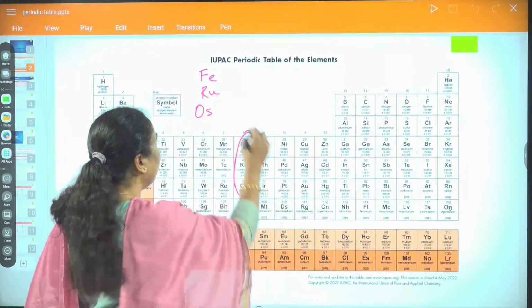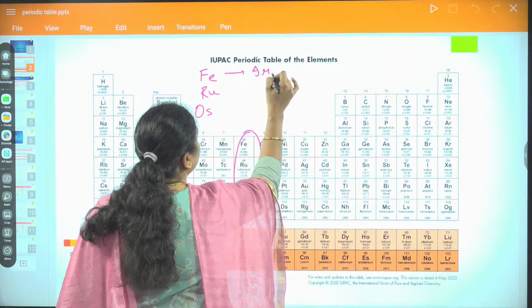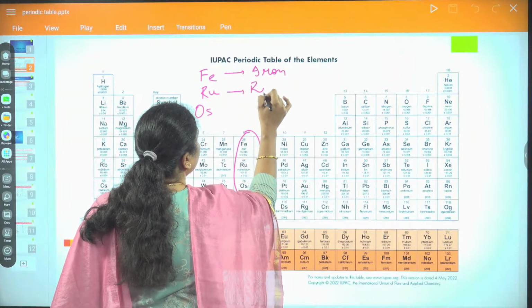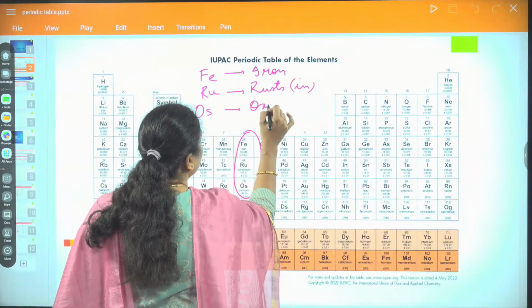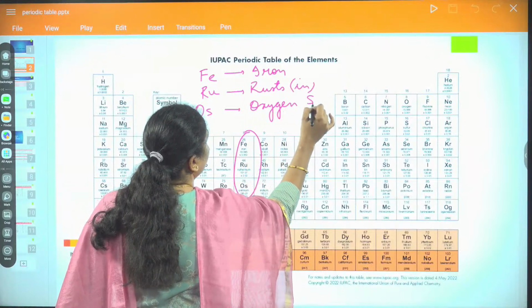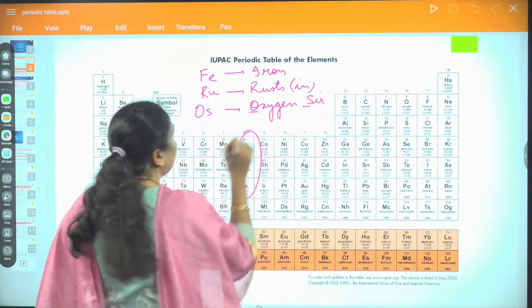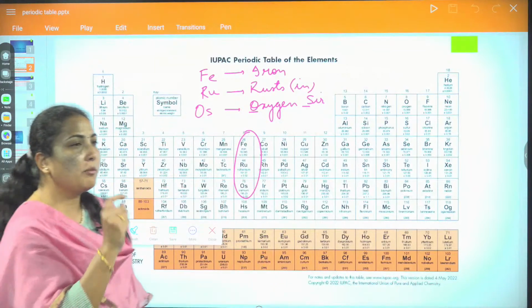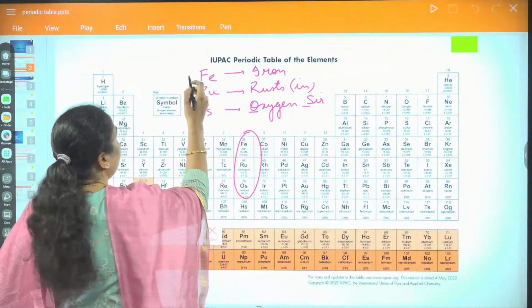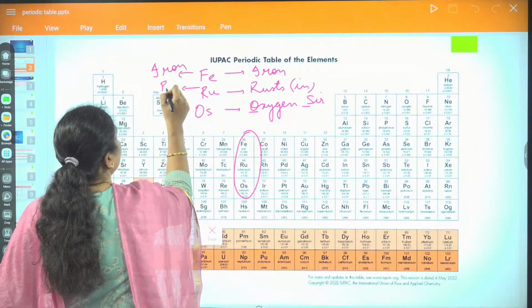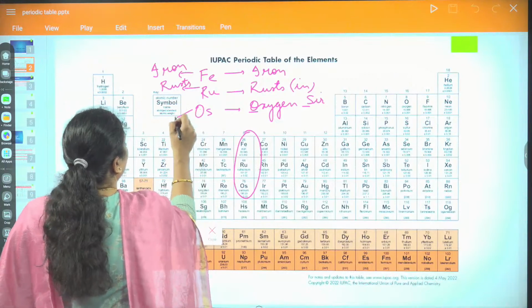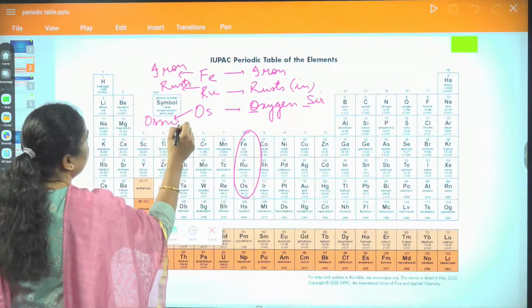So you are telling like that: "Iron rust in oxygen, sir." Okay. So Os, osmium. Remember that. Or else you can remember like this also: iron rust. Okay. Awesome. That's awesome.